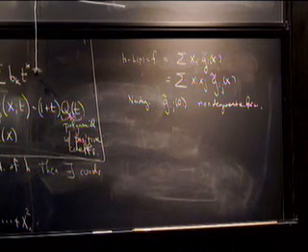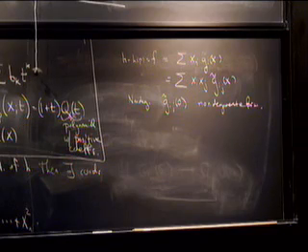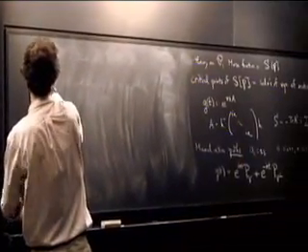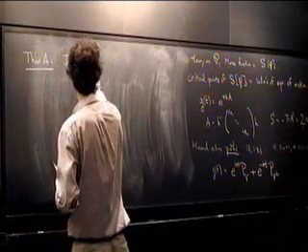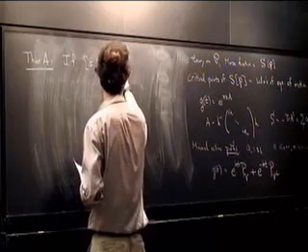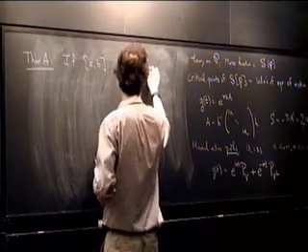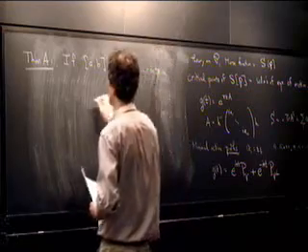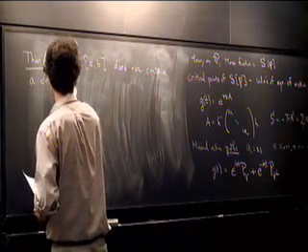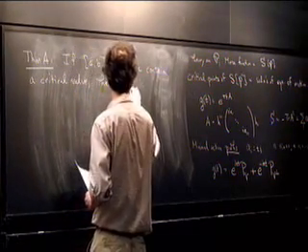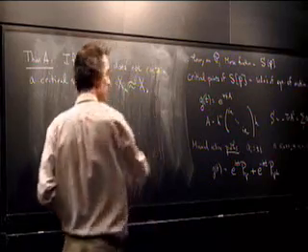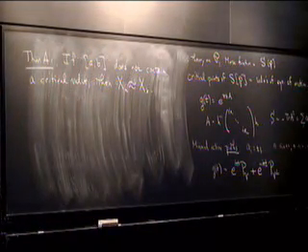Now, there are two main theorems here, Theorem A and Theorem B. Theorem A says that if the interval AB does not contain a critical value, then X_A is diffeomorphic to X_B.